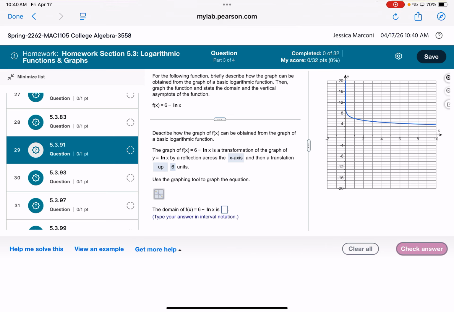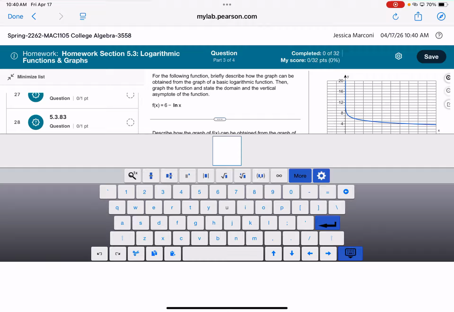So my domain here is still going to be parentheses 0 to infinity.